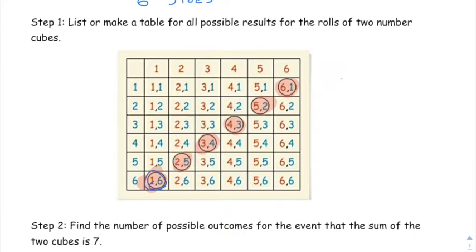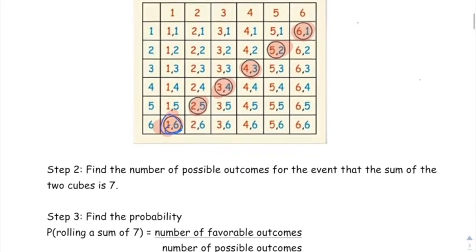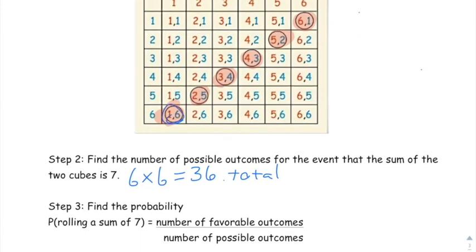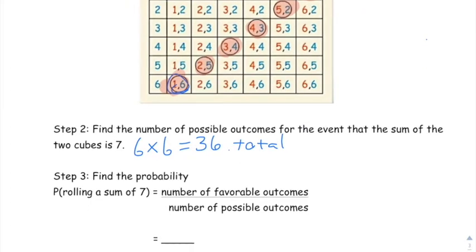So make a list. Okay, we kind of did that. Step 2, find the number of possible outcomes for the event. So since there are 6 times 6 options there, that would get us 36. So 36 total outcomes, but then there are only 6 of the favorable outcomes.